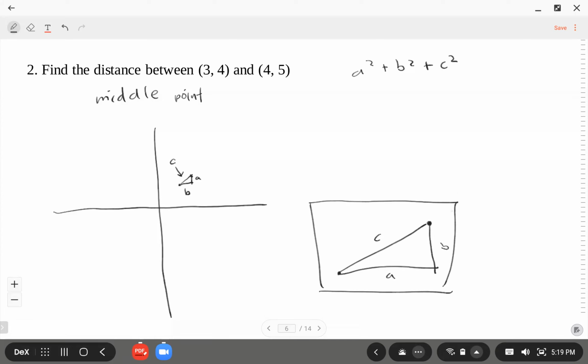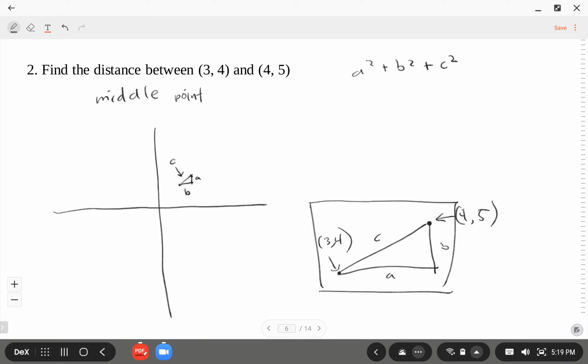So these 2 points: this is (4, 5), and this is (3, 4). Now we have to find b. b is vertical, right? So we have to subtract the y coordinates. And a is horizontal, right? So we have to subtract the 2 x coordinates.